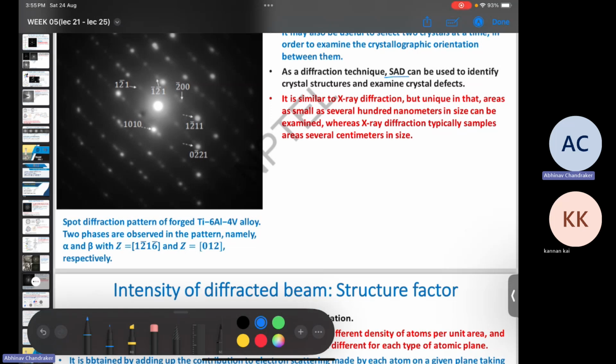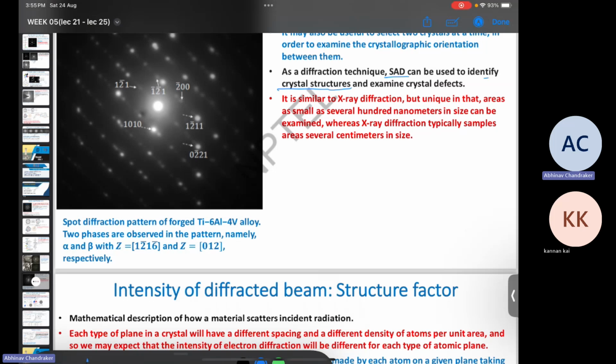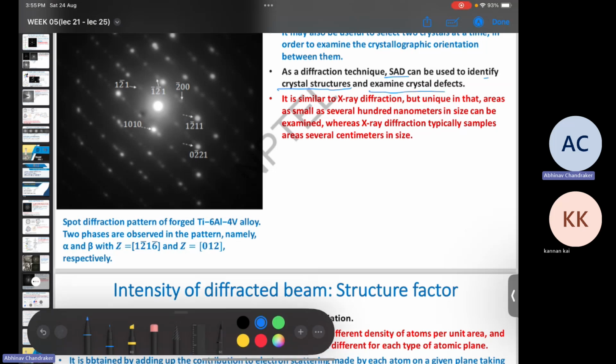This technique, SAD, can be used to identify crystal structures by analyzing the diffraction pattern, and also examine crystal defects by seeing how the diffraction pattern is deviating from the ideal diffraction pattern that should occur in case you have a perfect crystal.